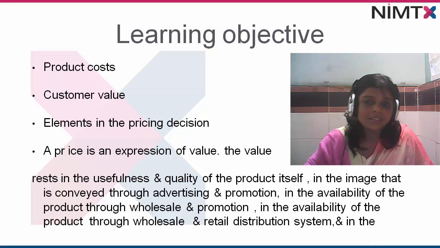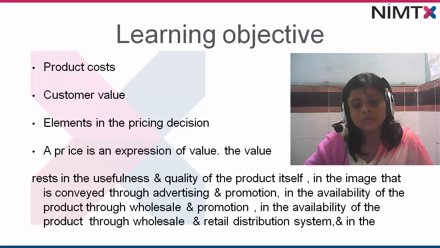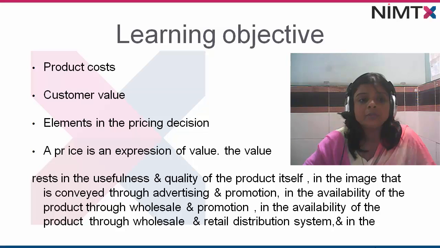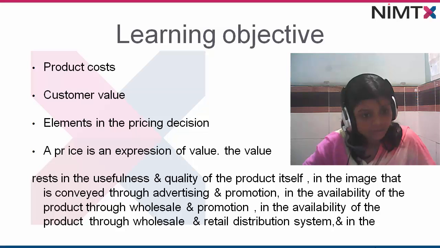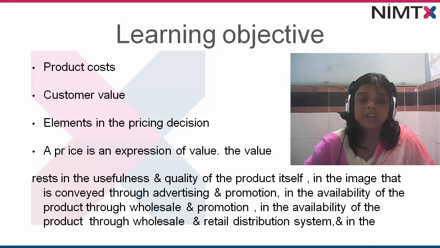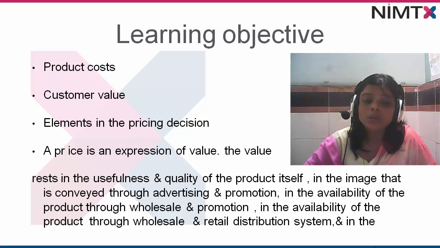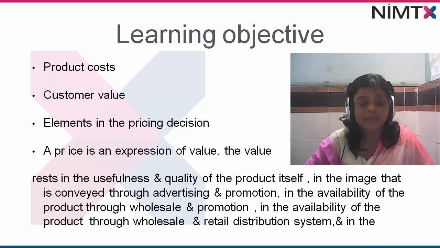after studying this subtopic, this subunit, this module, you will be able to know the concept of product cost, customer value, and elements in the pricing decision, what elements affect the decision to decide the price of a product. And as I have explained to you, how price is an expression of value.